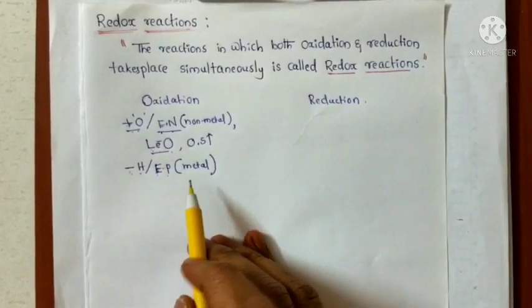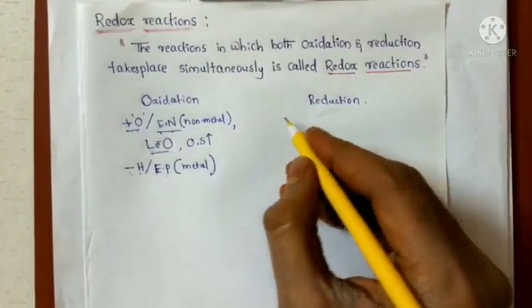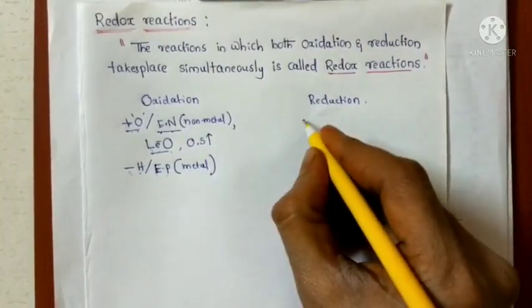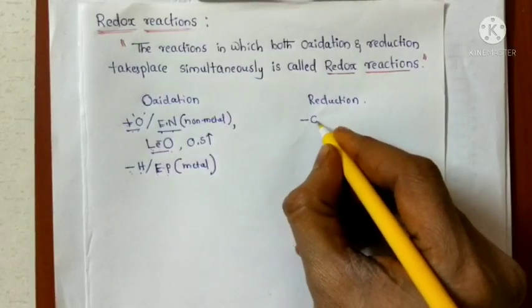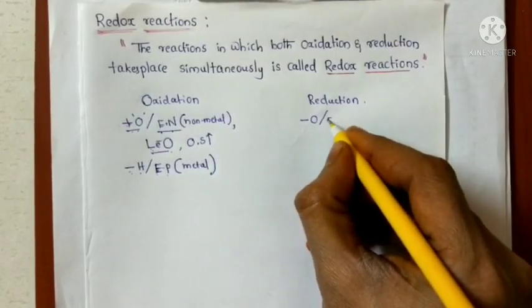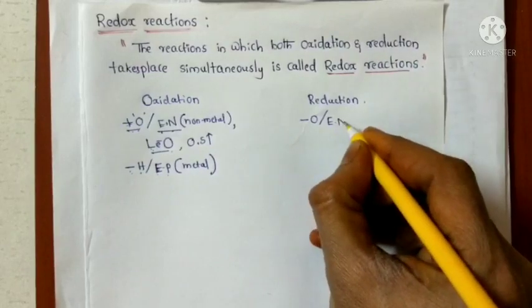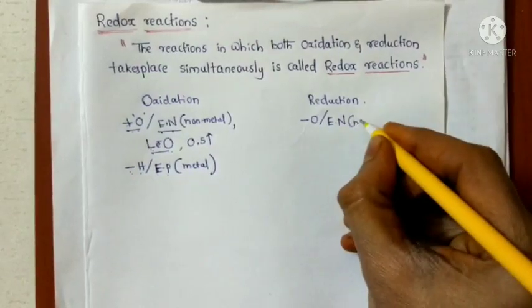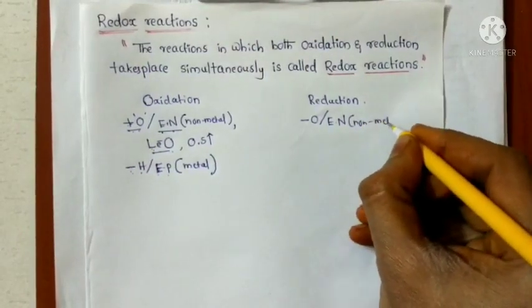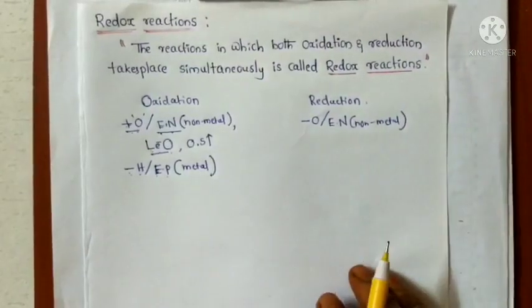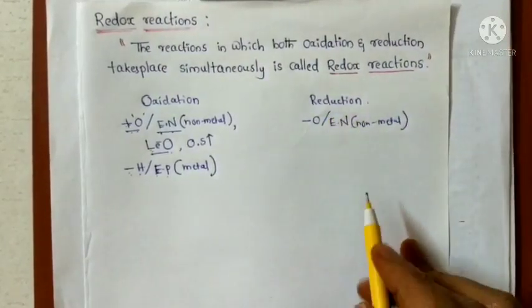So next, reduction; these are the opposites. Removal of oxygen or removal of an electronegative element, that is non-metal, means the substance undergoes reduction.